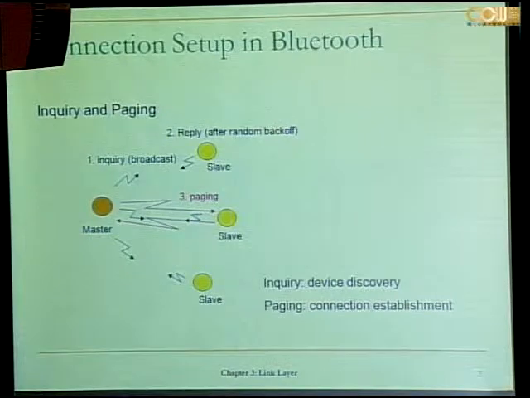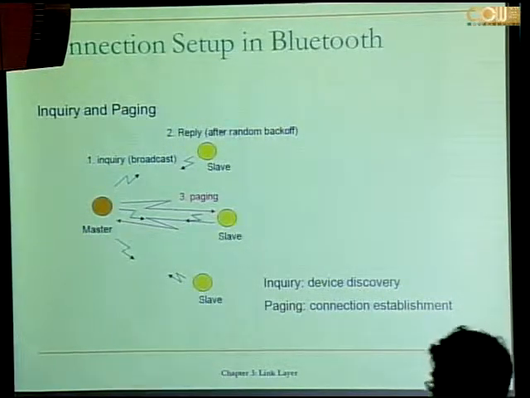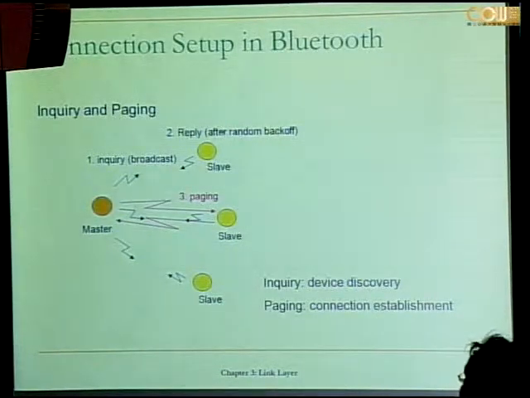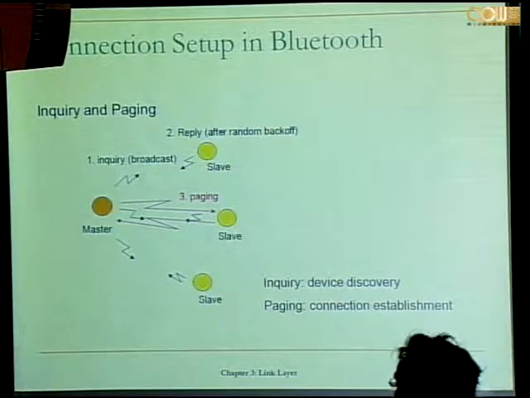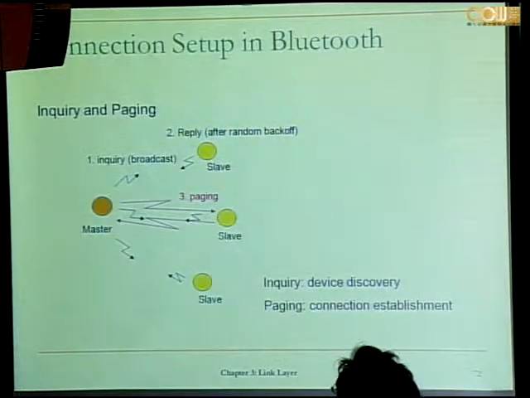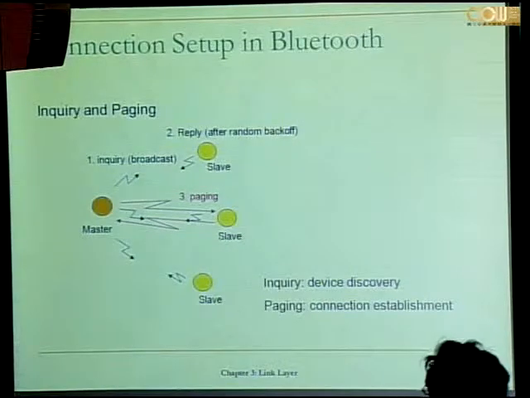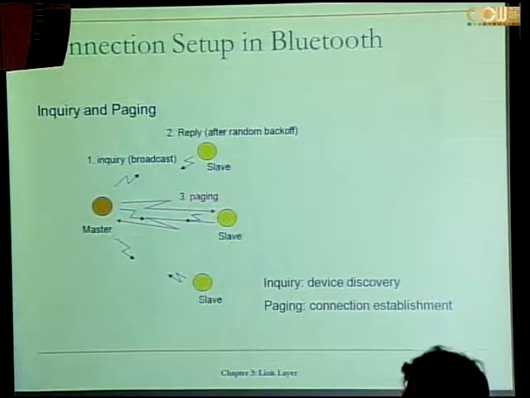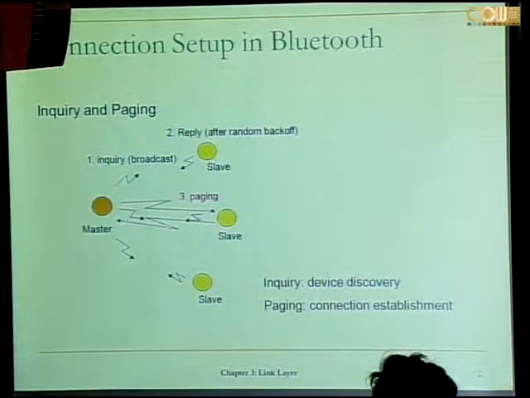Okay, and on Bluetooth, it runs a very simple polling protocol, and it works this way. First of all, the master would broadcast an inquiry, asking who else is there. All the slaves, if turned on, would reply.